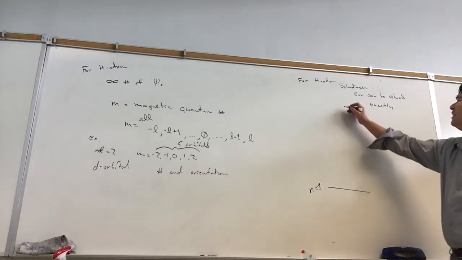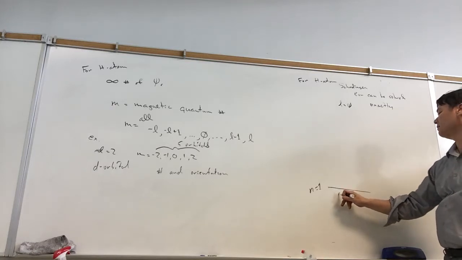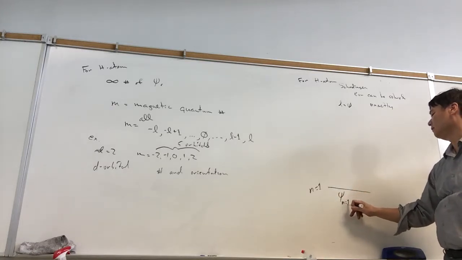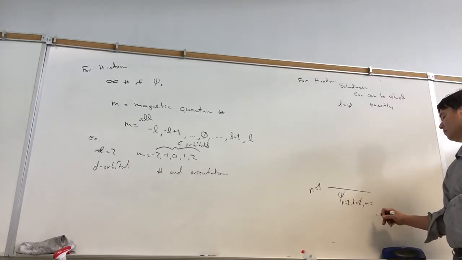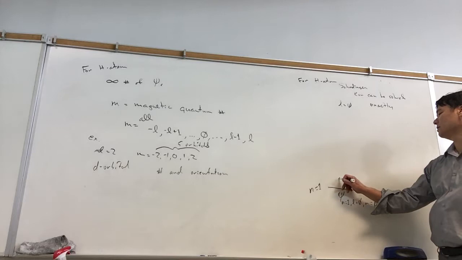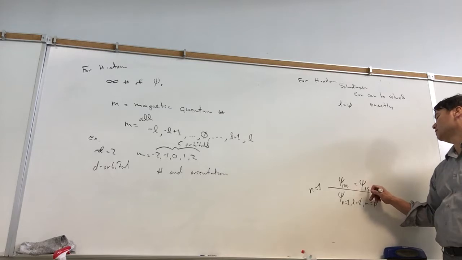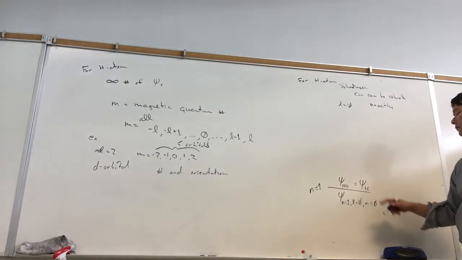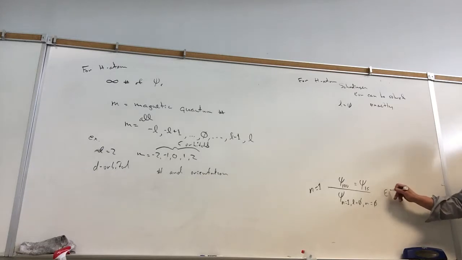When n equals 1, then L can be 0, and m is plus 0 to minus 0, so 0. And so we have psi with n equals 1, L equals 0, m equals 0. This is what we call the psi 1,0,0 orbital, which is also the psi 1s orbital, where n and L are shown here. And so the first allowed orbital is the 1s orbital. The energy we can calculate: E1 is minus R_H over n squared.